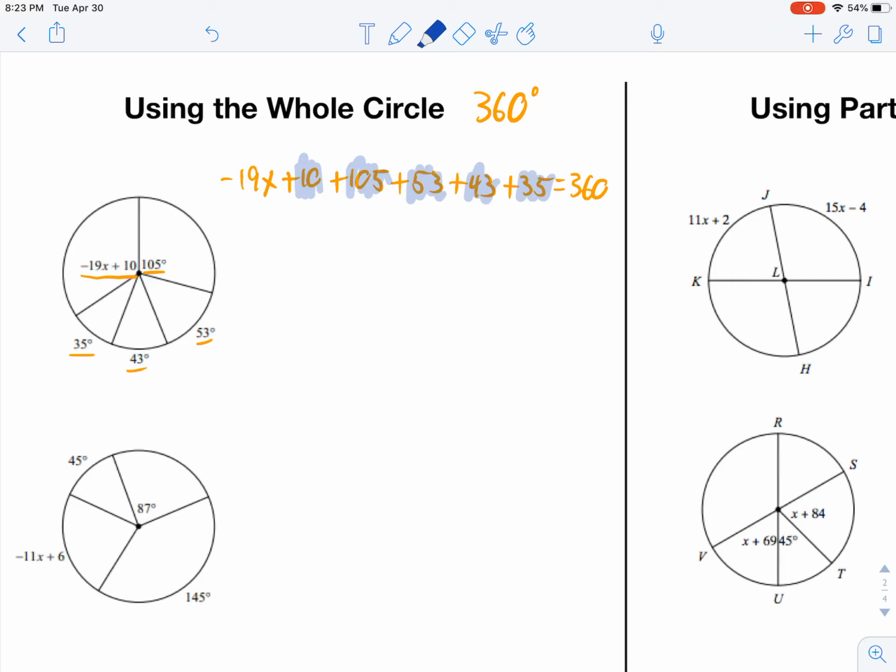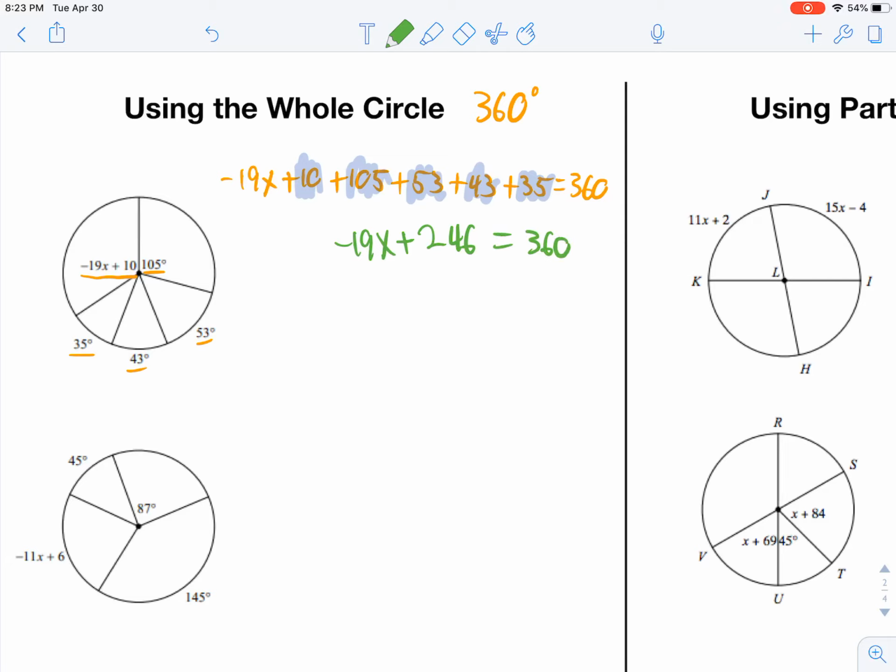So let's type them in our calculator. 10 plus 105 plus 53 plus 43 plus 35 gives me 246. And then I'm just going to bring the negative 19x down, because I didn't do anything with it, and I'm going to set this whole thing equal to 360.